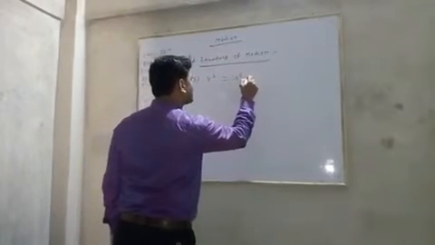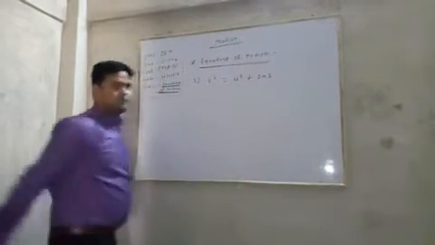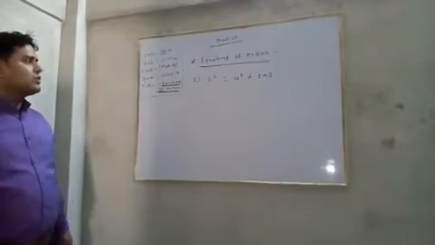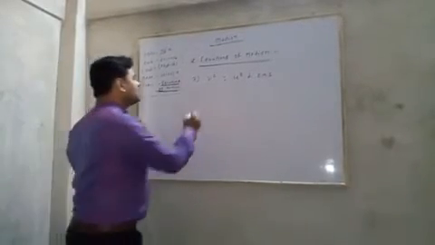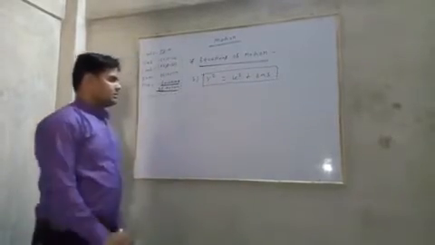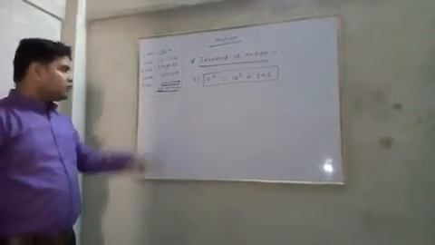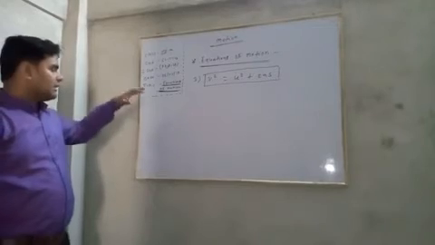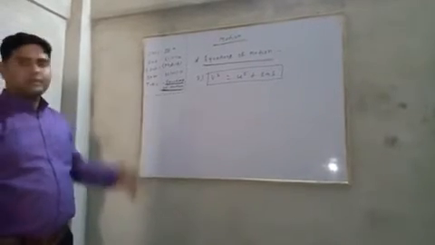v square is equal to u square plus 2as. To prove it, first we have to go again.